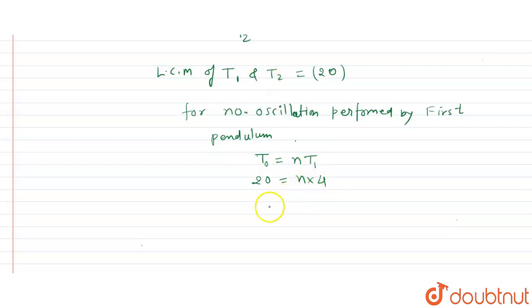If I put in the corresponding values, N comes out to be 5. That means the first pendulum will perform 5 oscillations while they will be in the same phase with respect to the second pendulum. So this will be our final answer of this given problem.